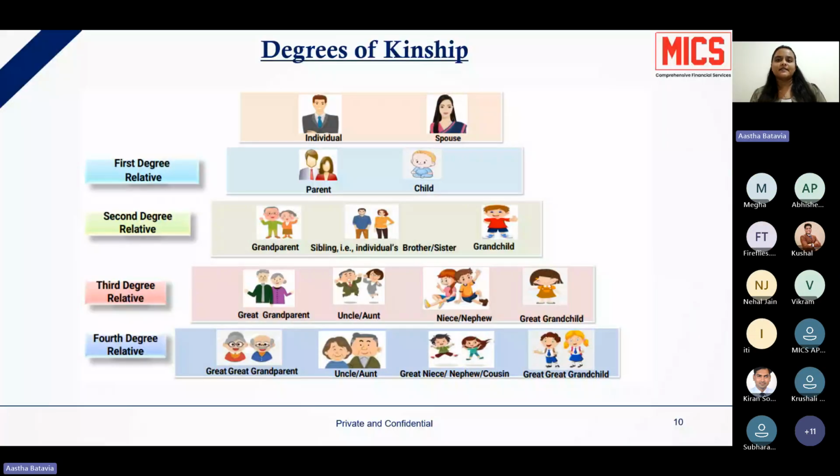So yeah, if you see this diagram that we have gone through, there is an individual and there's a spouse. So it is included whether they are the individual's relatives up to the fourth degree of kinship, or they are relatives of the spouse up to the fourth degree. So the spouse's brother, that is a sibling, is also connected to that person.